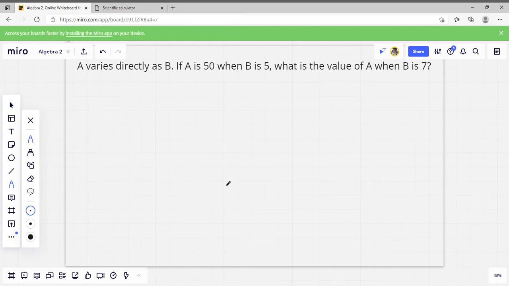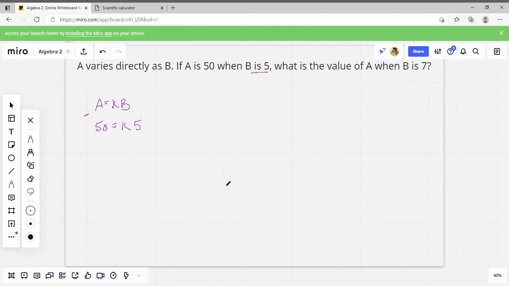So if A varies directly as B, if A is 50 when B is 5, what is the value of A when B is 7? First of all, the equation is A varies directly to B. There's our variation, K. So if A is 50, we say 50 equals K times 5.